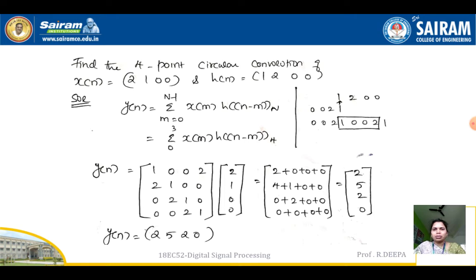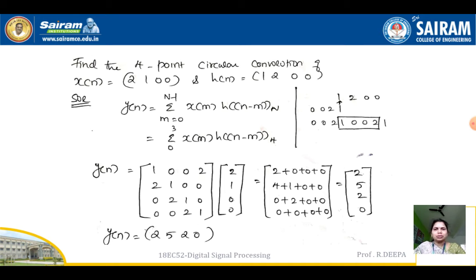The property statement is that the circular convolution between two sequences x of n and h of n will take the formula y of n is equal to summation m is equal to 0 to n minus 1 x of m h of n minus m with circular shift n. So this is the statement we have derived, and we have proved the circular convolution property also.